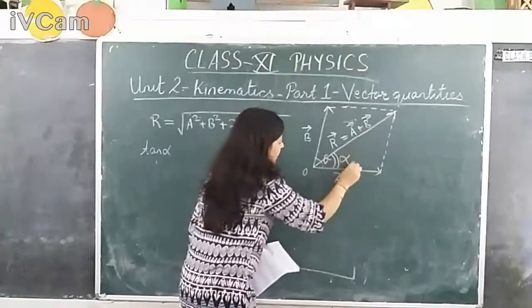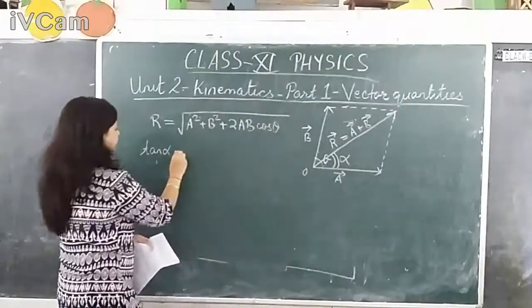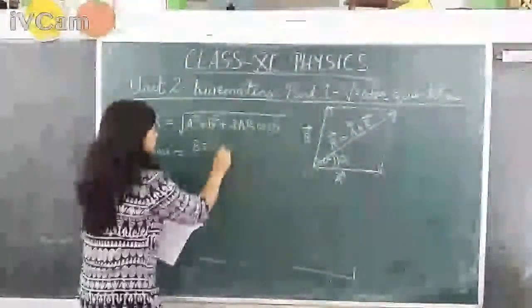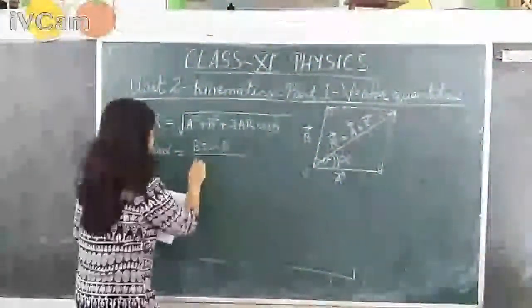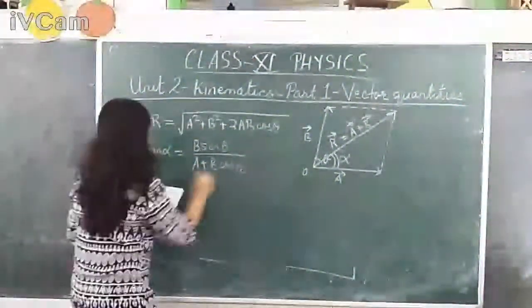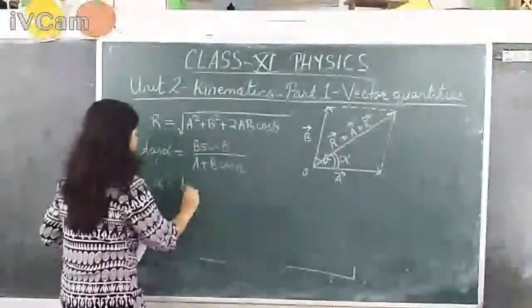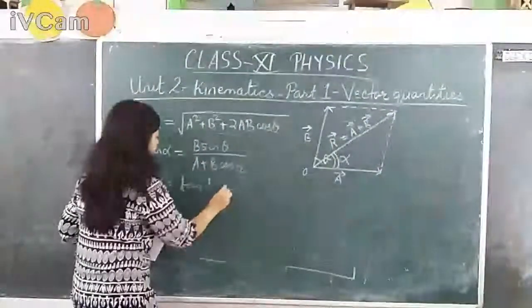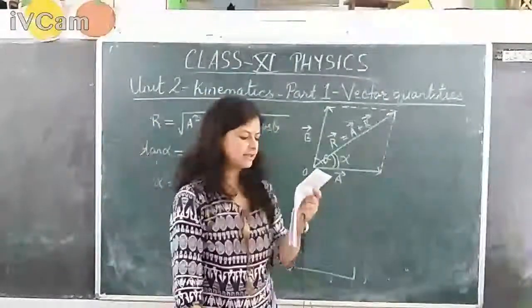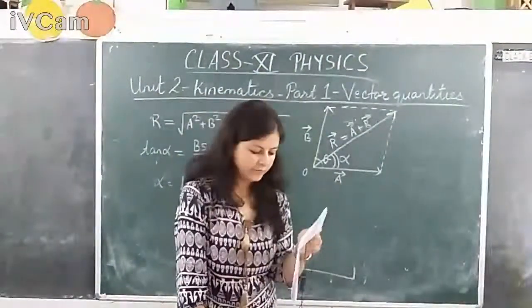So this is my α. Okay. So tan α is given by B sin θ divided by A + B cos θ, or α is equal to tan inverse of the same expression. This is how you find the magnitude and direction of the resultant vector using the parallelogram law of vector addition.